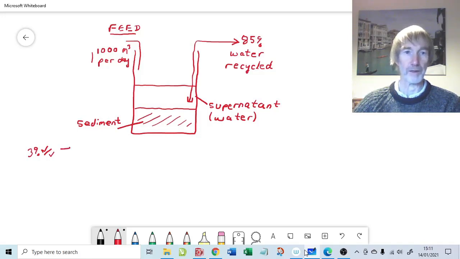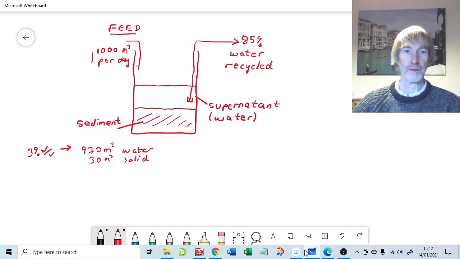So clearly that implies that of the 1,000 meters cubed that goes into the tank every day, we have 970 meters cubed of liquid, and that liquid is water, okay, and 30 meters cubed of solid, and that will give us our 3% by volume. Okay, so that's what's going into the tank just here.